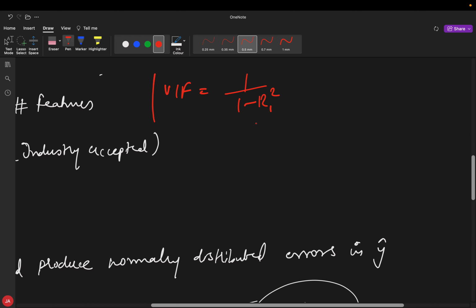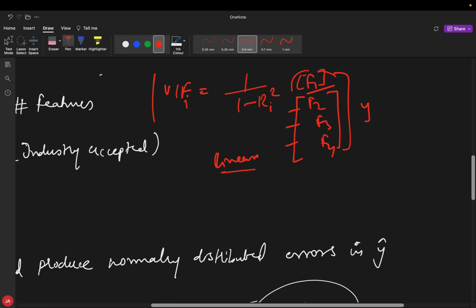Let's say we have four features, f1, f2, f3, f4, predicting the target variable y. How much these three features can explain this feature can be determined by using a linear model. So let's say we train a linear model using these three features to predict this one.